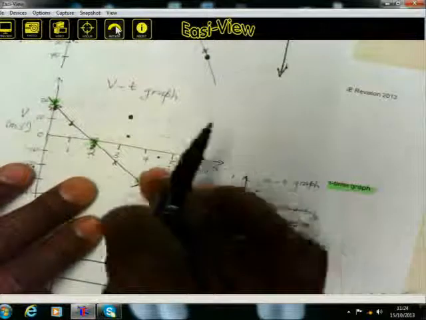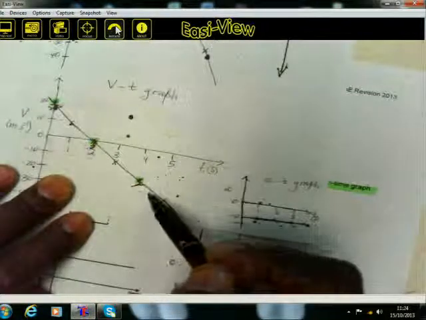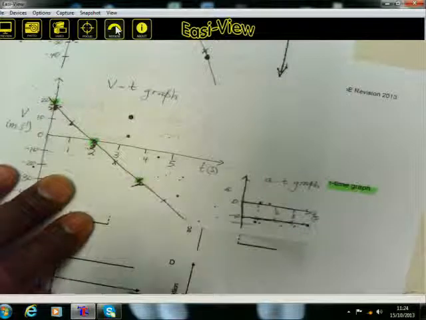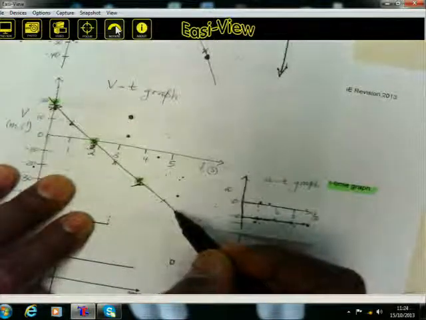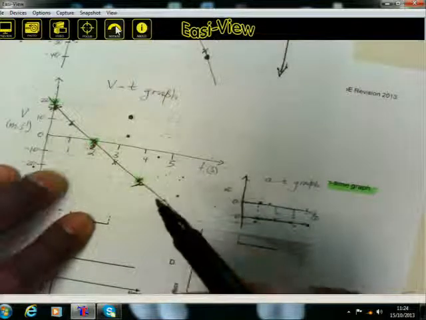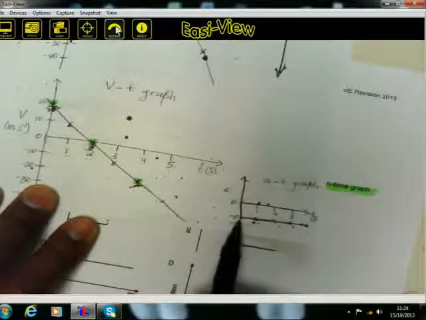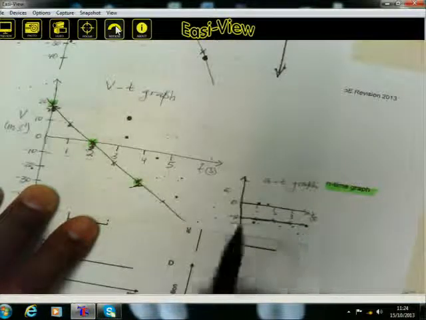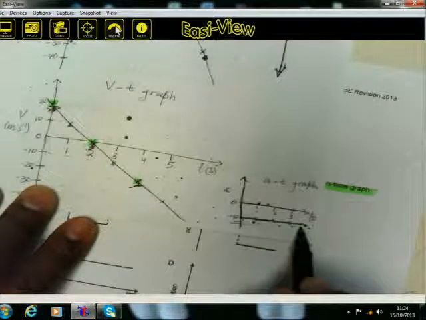And if we were to compare our originals, we will see that for this graph, the slope was negative. It is also a velocity time graph of an object which is projected upwards. The slope is negative. But if the slope is negative, that corresponding acceleration time graph is negative, and this is constant.